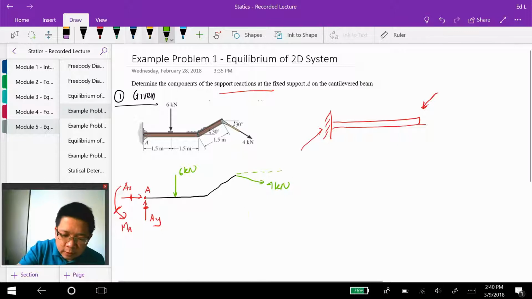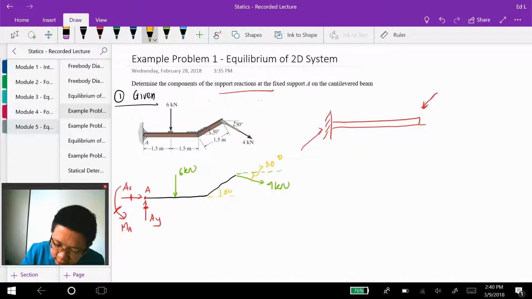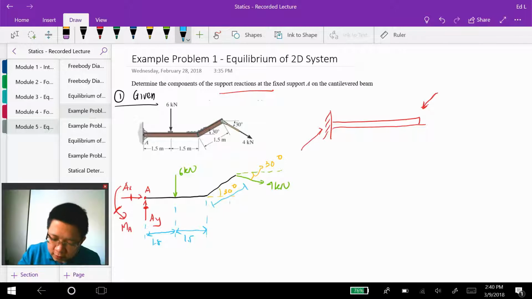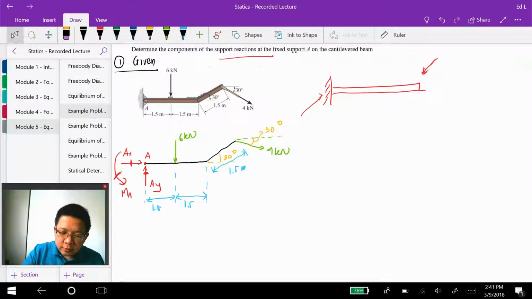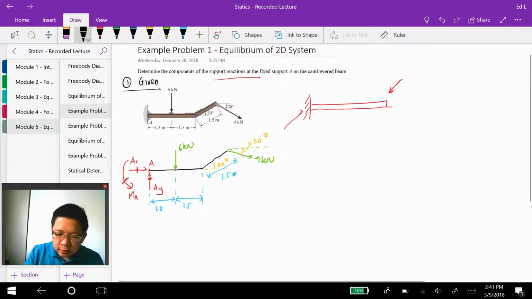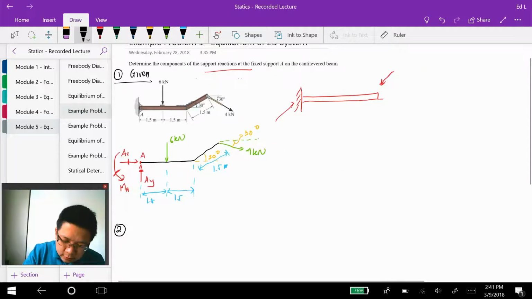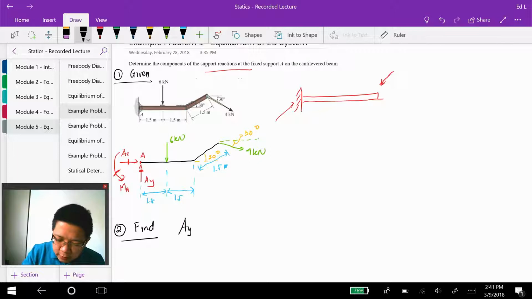This angle right here is 30 degrees. This angle right here is also 30 degrees. This distance is 1.5, this distance is 1.5, and this length over here is 1.5 meters. So based on this, we have to find AY, AX, and MA.